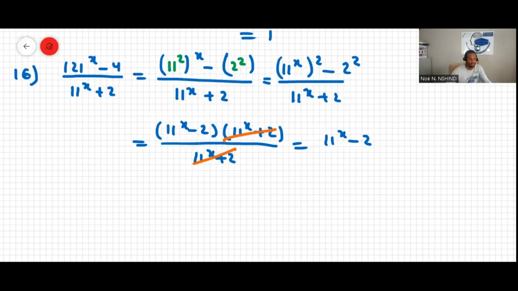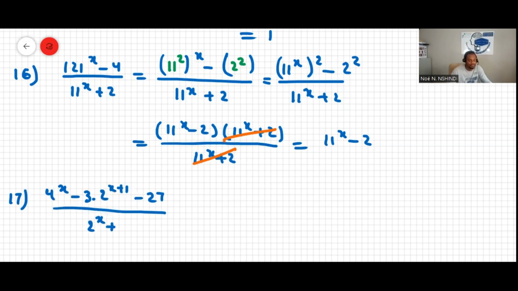Then we can do question 17, which says 4 to the x minus 3 times 2 to the x plus 1, minus 27, all over 2 to the x plus 3.